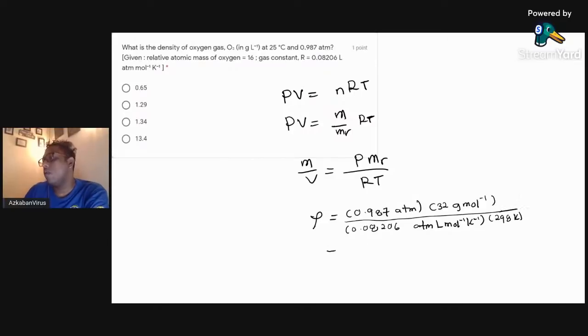So this is equal to 1.29 gram per liter. Jawapan adalah ini.